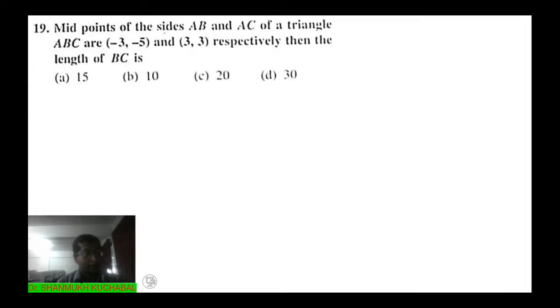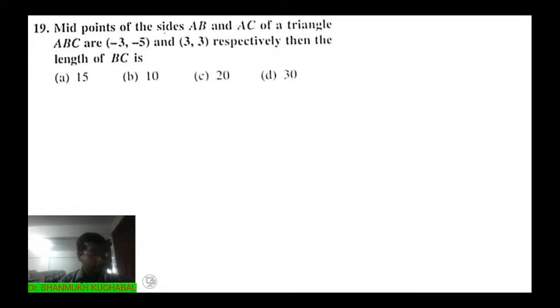Then example number 19. Midpoints of the sides AB and AC of a triangle ABC are minus 3 comma minus 5 and 3 comma 3 respectively.